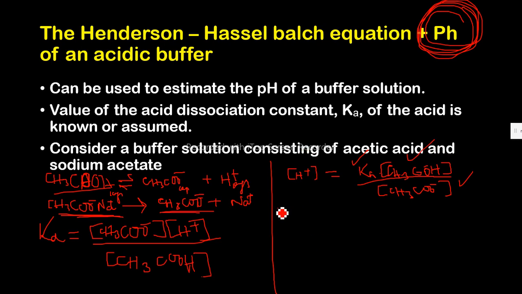Now, if we take the negative log of the concentration of hydrogen ions, it should be equivalent to the negative log to base 10 of everything inside, which is Ka times the concentration of the undissociated acid, everything divided by the concentration of CH3COO minus.